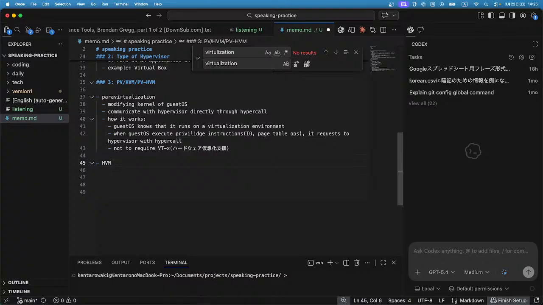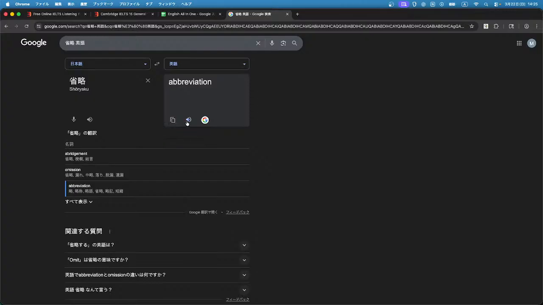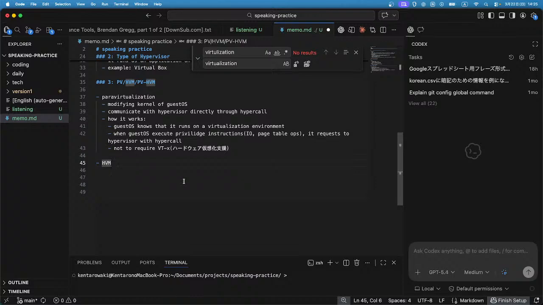HVM is the abbreviation of Hardware Virtual Machine.